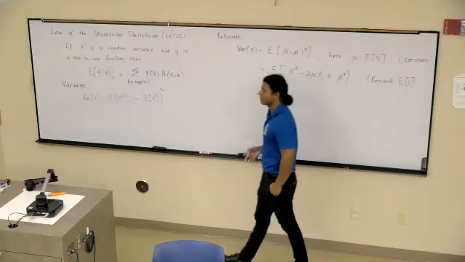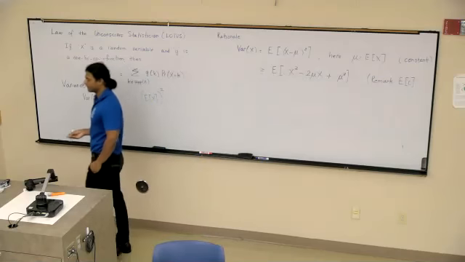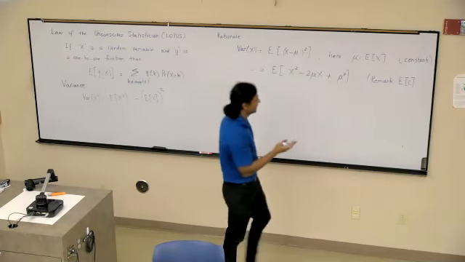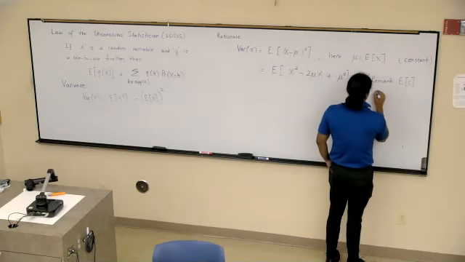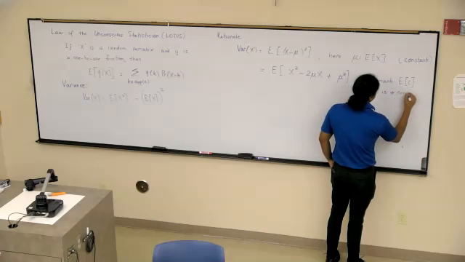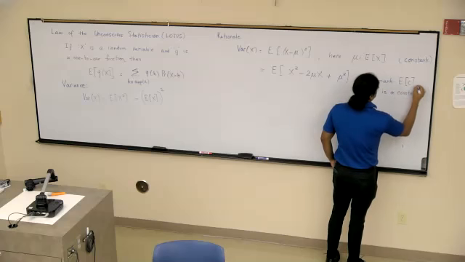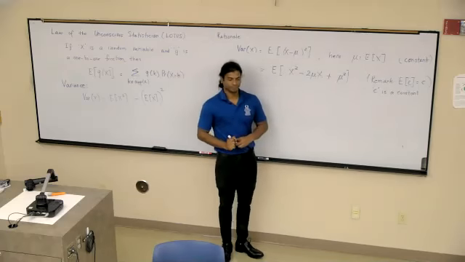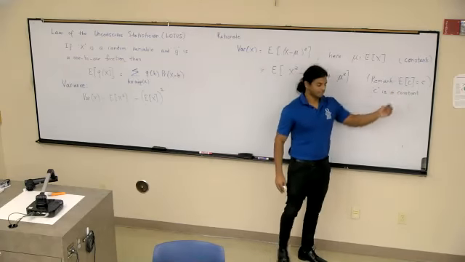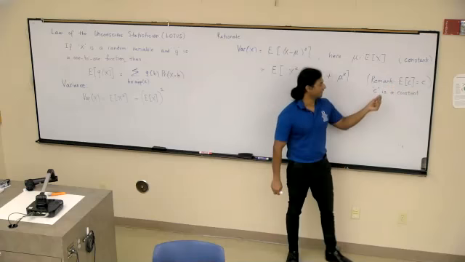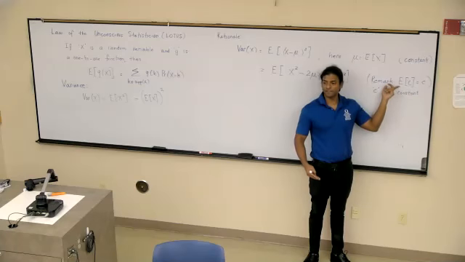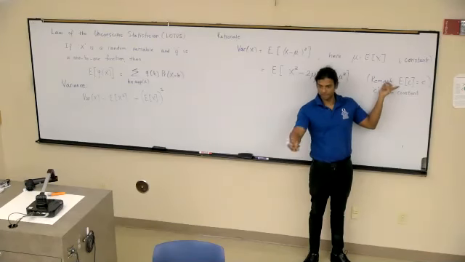A simple, informal way to explain the expected value of a constant C is just C. The simple explanation would be, well, expectation is always defined for a random variable, correct?